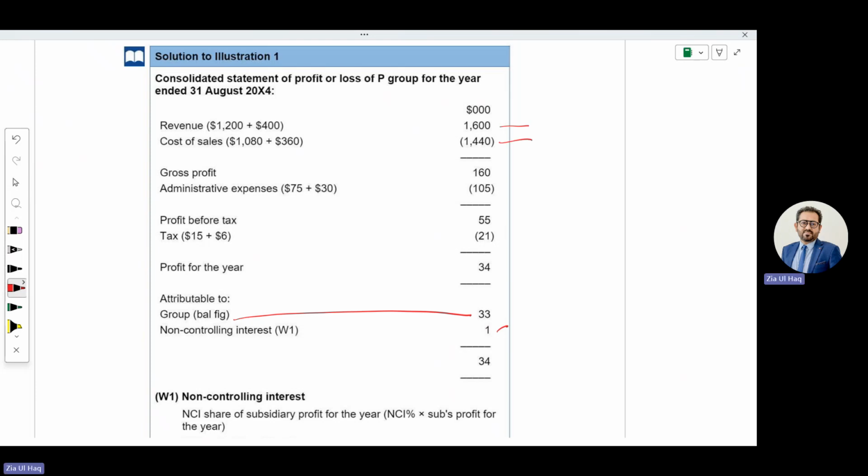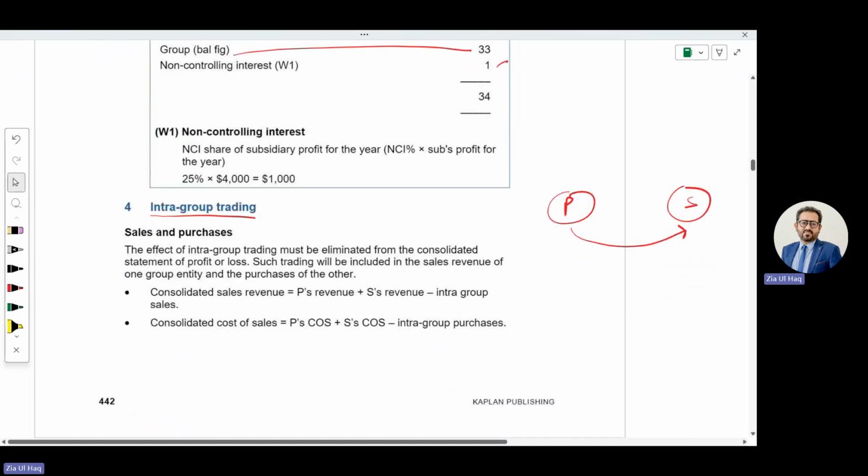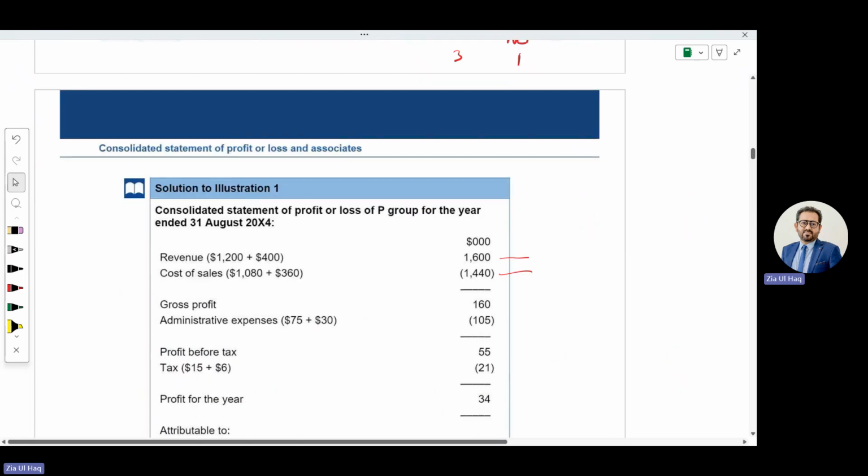And if there is any unrealized profit, like inventory involved in an intergroup transaction that is unsold at the year end, we need to calculate the profit part of that unsold inventory. That should be deducted from closing inventory. As closing inventory is deducted from cost of sale, for unrealized profit we need to add it. So sale will be deducted, purchases will be deducted from cost of sale, and we add the unrealized profit part.